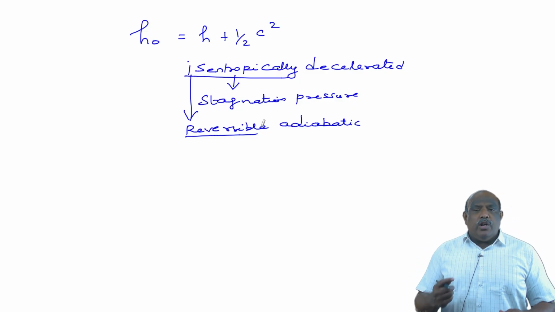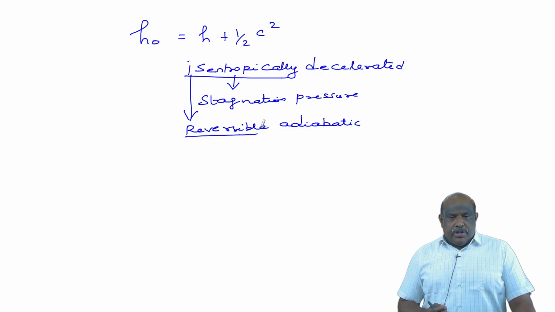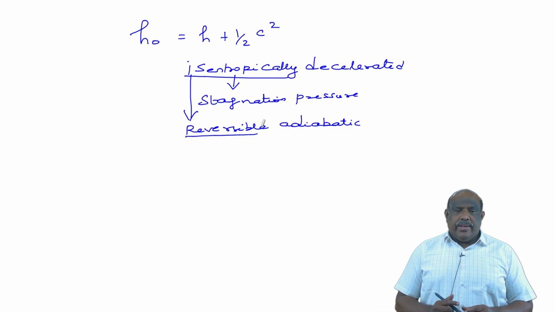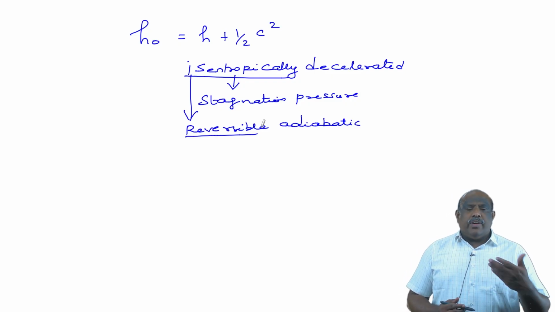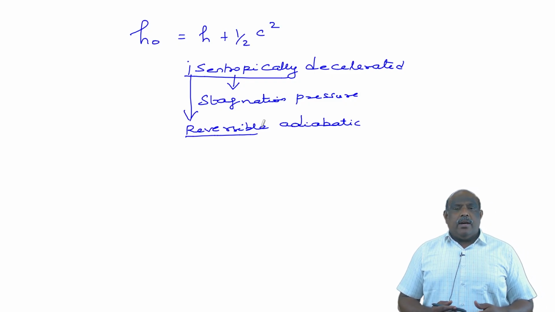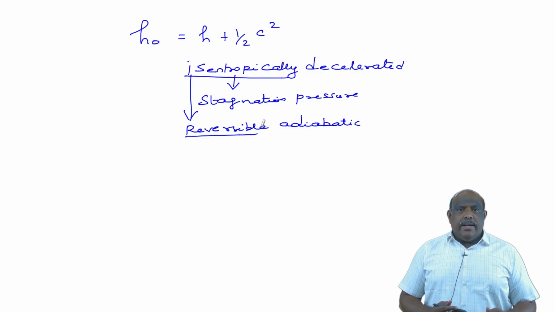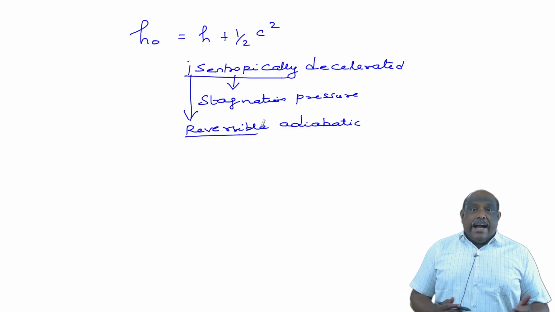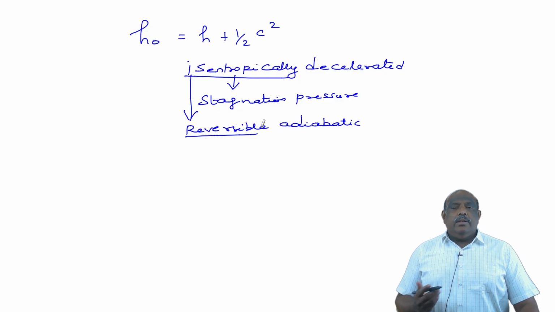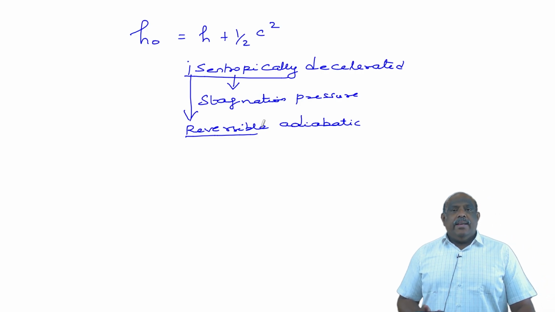In the case of getting stagnation enthalpy or stagnation temperature, it is sufficient to go with adiabatically decelerated. On the other hand, if you want to get stagnation pressure, it should be isentropically decelerated, which means reversibly adiabatic.